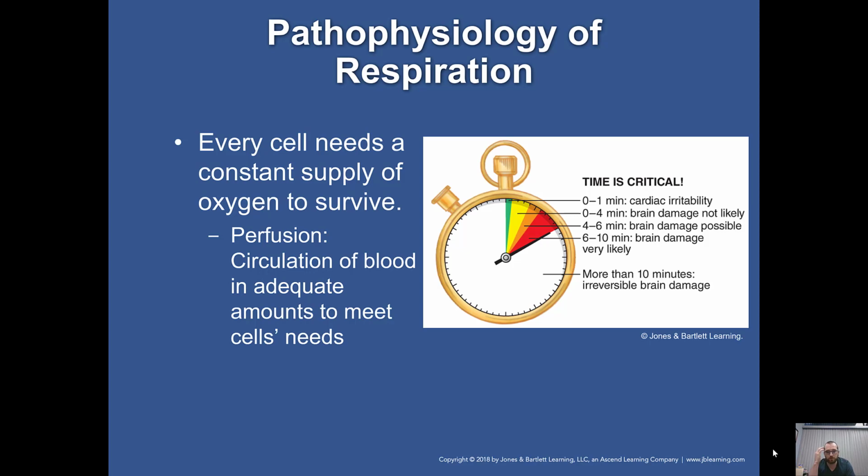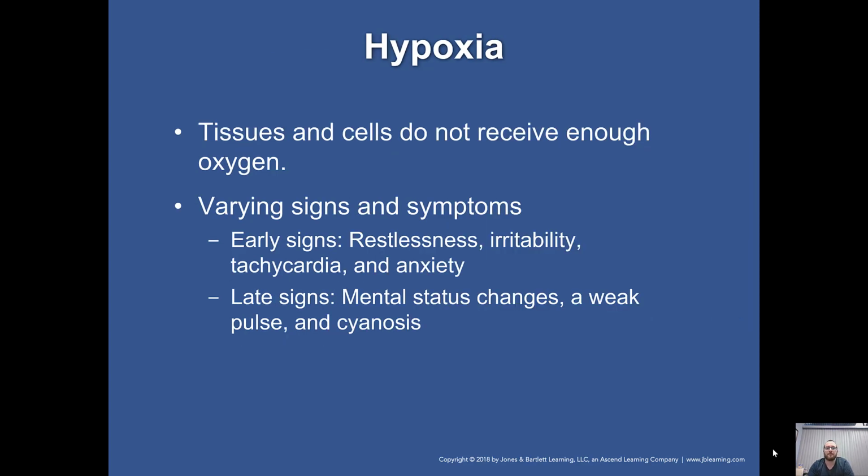More than 10 minutes, irreversible brain damage. Cardiac irritability within a minute of poor oxygen. So they say time is tissue, time is muscle. In those situations we need to get oxygen into the system very quickly and make sure that our body is actually distributing it and able to use it, right?